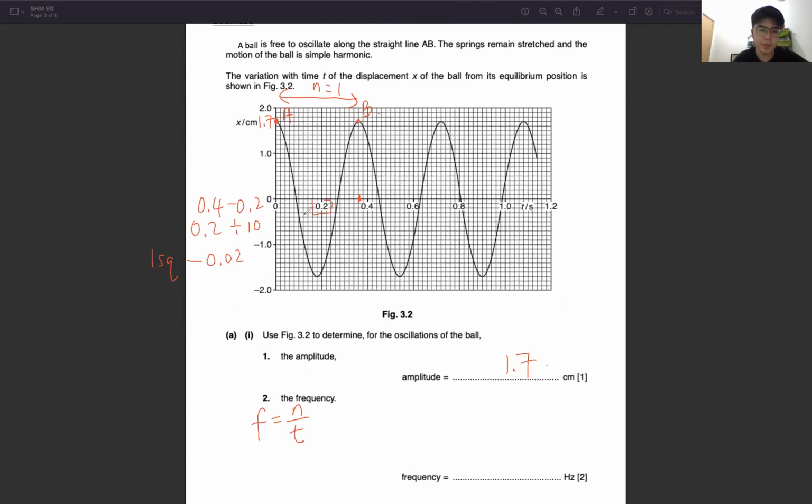It started at 0.2, so 0.2 plus 1, 2, 3, 4, 5, 6, 7, 8 squares. 8 times 0.02 plus this one, we get 0.36 second.